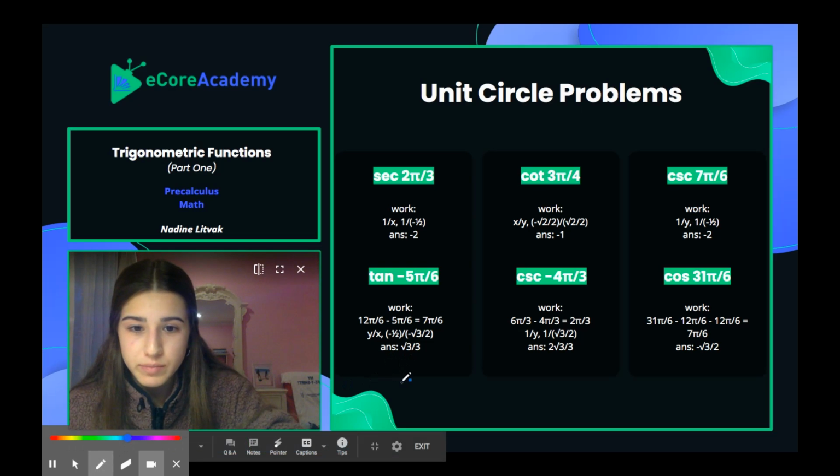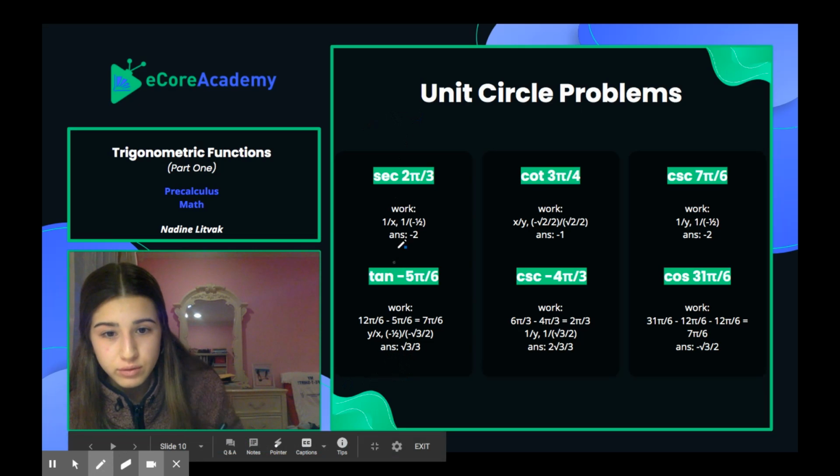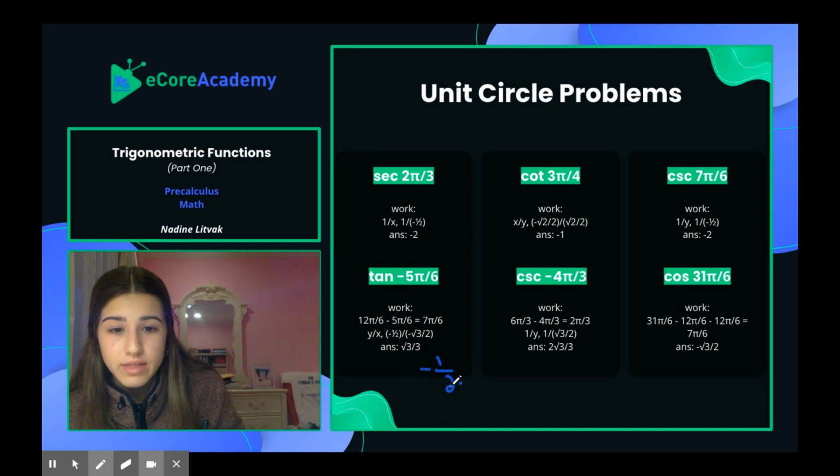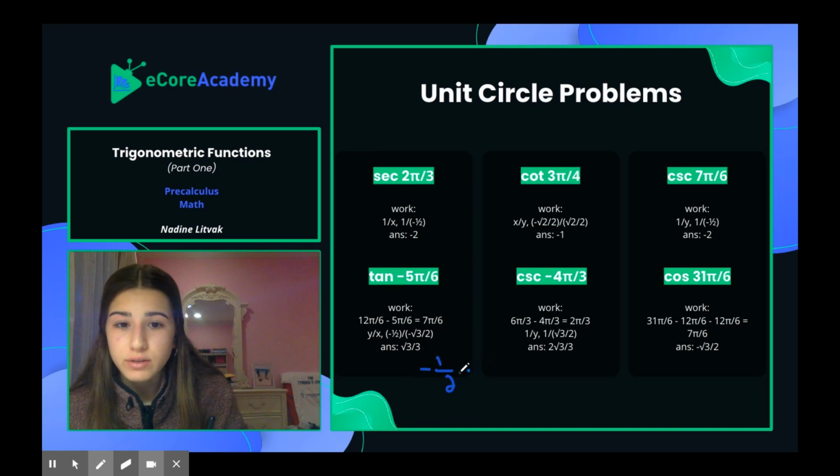The y value for 7 pi over 6 is -1/2, and the x value is root 3 over 2, which is the same as multiplying by -2 over root 3. If we do this work, the 2 cancels out, and the negatives also cancel out. So we get 1 over root 3.